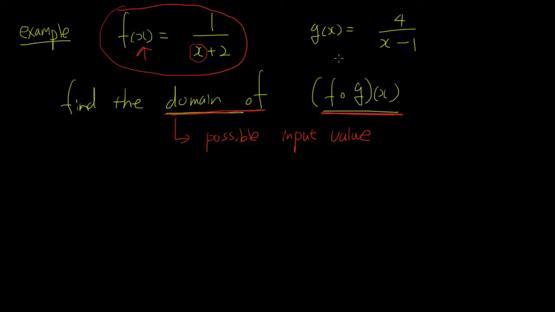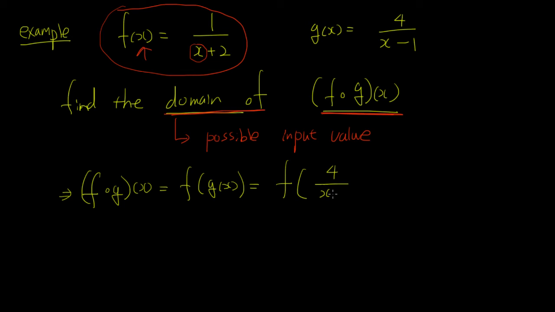Now, what about the domain of this composite function? That's the domain that we are trying to figure out. So, without further explanation, let's try to find this. So f composite g of x is f of g of x, which is what? f of 4x minus 1, right?